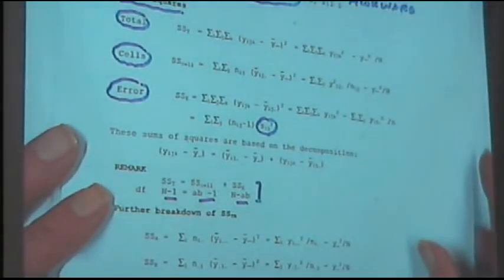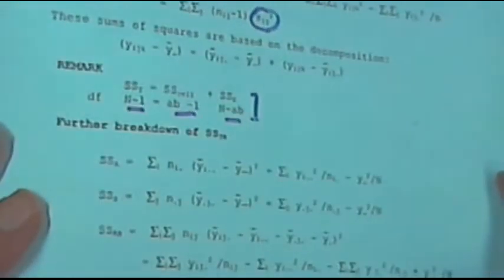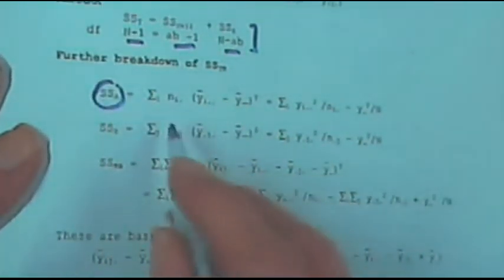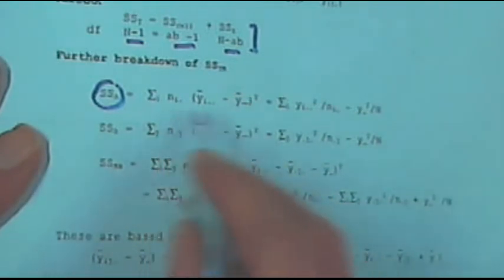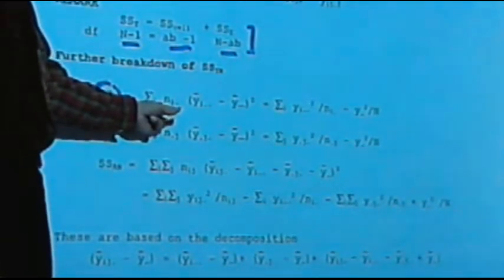Let's take the sum of squares cells and try to break it up into pieces. So we define a sum of squares A this way, and that's a familiar formula from before, although one thing that's different in here is we have n i dot instead of n.